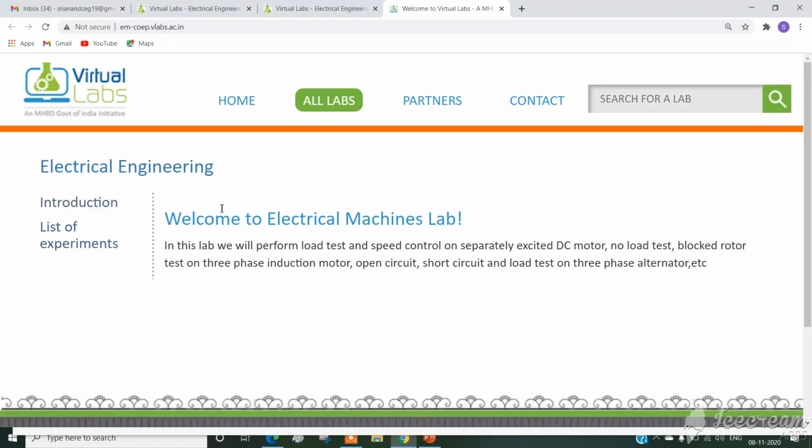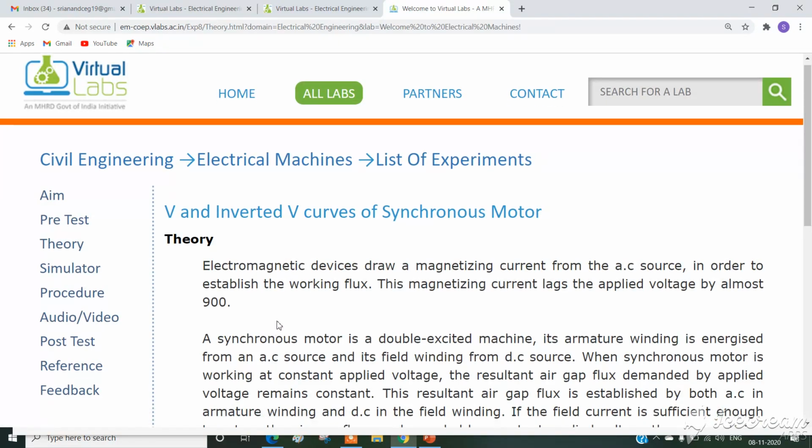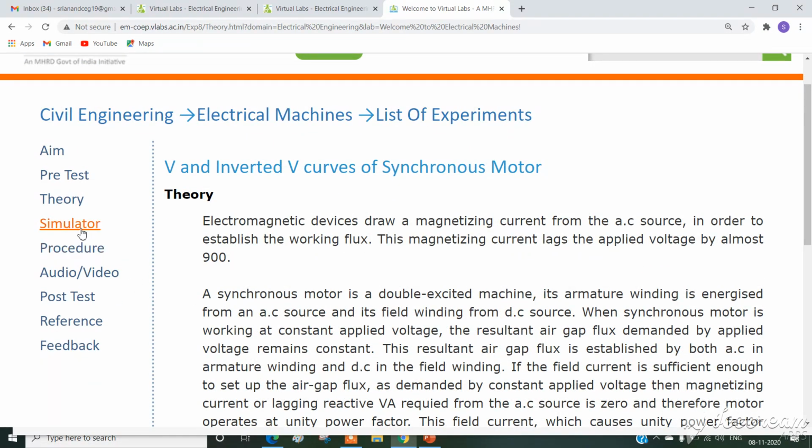Welcome to electrical machines. In this we need to click on list of experiments. Here we have V and inverted V. Simply click on V and inverted V. I will explain the aim, pre-test questions corresponding to this, and theory. A synchronous motor operates at 3 power factors: unity, leading and lagging.